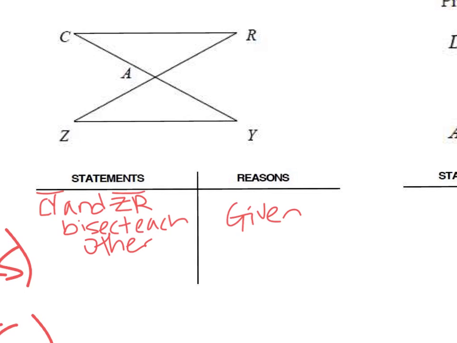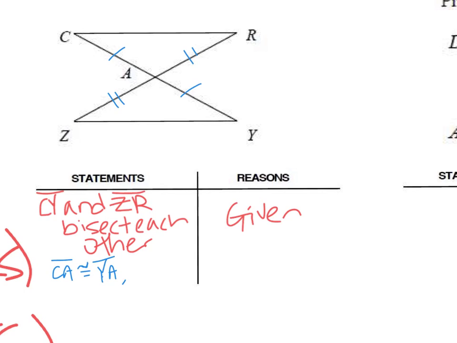So based on that information, CY and ZR bisecting means that CA is congruent to YA, and that ZA is congruent to RA.